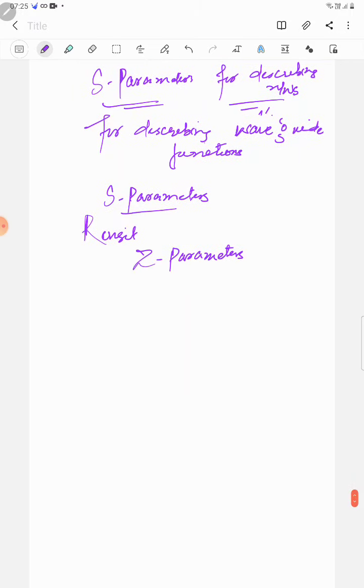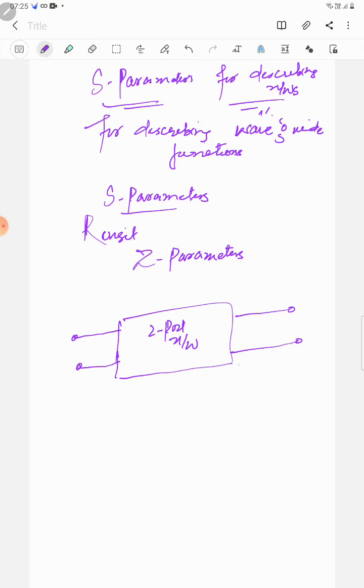Say for example, if we have a two-port network, this is a two-port network. This is port 1, this is port 2.